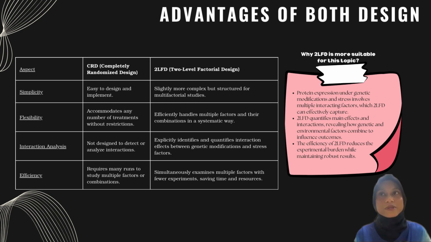The third aspect is interaction analysis. CRD is not designed to detect or analyze interactions, while 2LFD explicitly identifies and quantifies interaction effects between the genetic modification and also stress factors. And the last aspect, which is the fourth aspect, is efficiency.